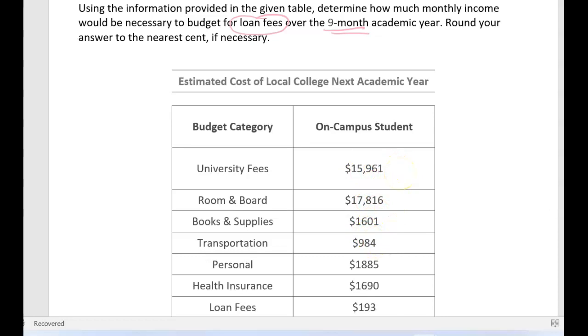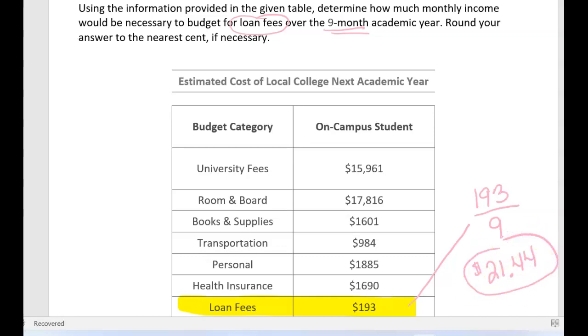It's only asking me to calculate the loan fees over 9 months. So I'm going to take my $193 and I'm going to divide that by 9 months so I can break that down. And when I do that, we will get $21.44 per month on just loan fees.